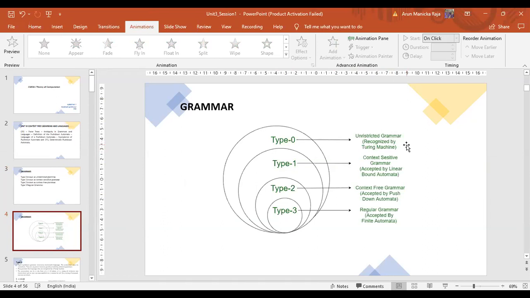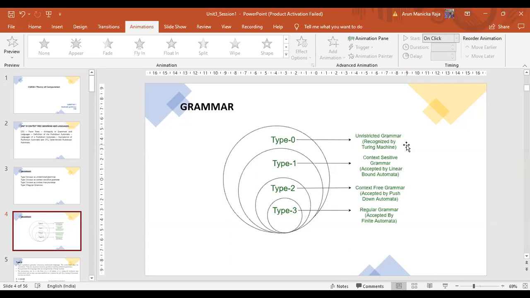TOC is nothing but a designing model, a model that can accept some strings or patterns. We can define the pattern, and based on that, we can accept all the strings inside it. Just like a simple computer, we are going to design one model. For that, we are using different techniques: automata, push down automata, and Turing machine.